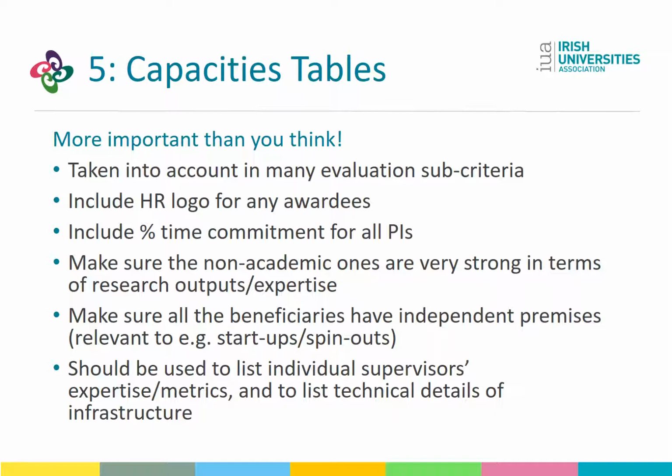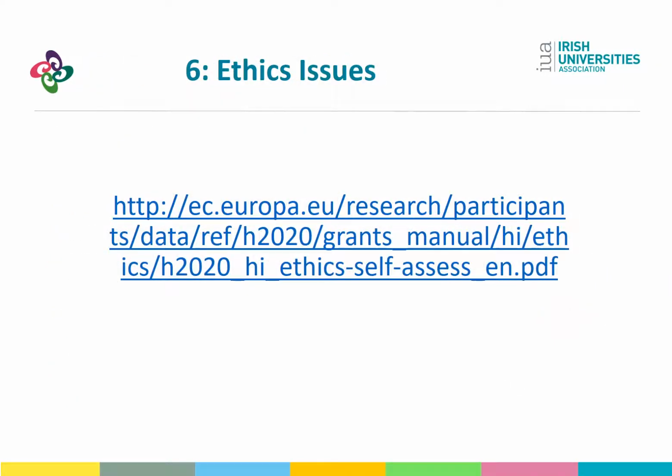And this can be particularly relevant to startups or academic spin-outs that might have non-independent premises from their academic laboratories. And finally, as already mentioned, this list should be used to list individual supervisors' expertise through metrics, other measures of esteem, and can list technical details of infrastructure if relevant.